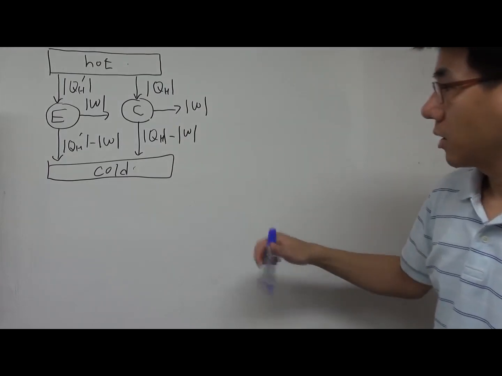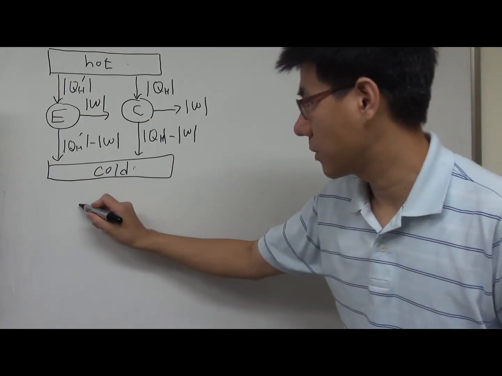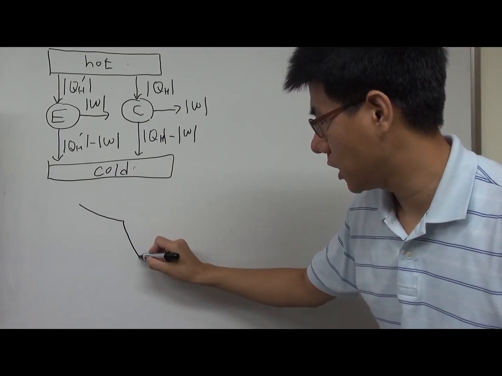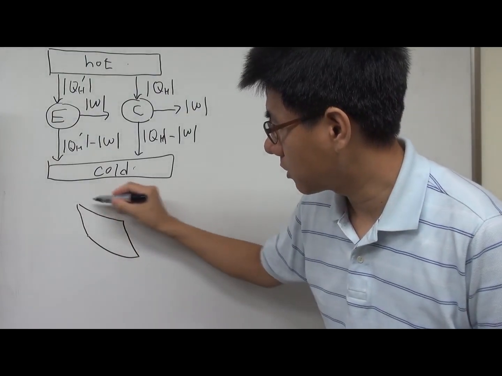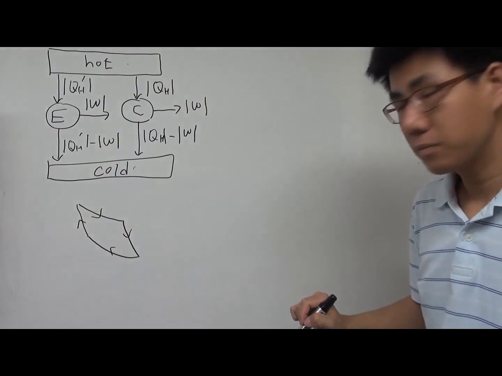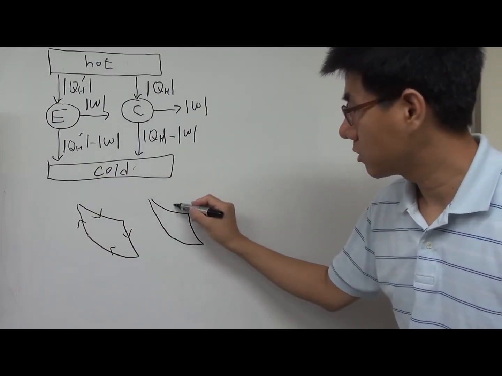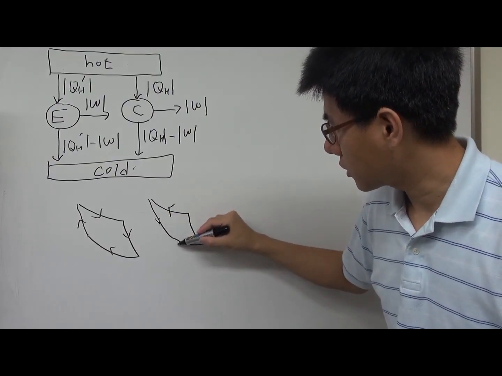The Carnot cycle was something like this, from A to B, B to C, and so on. We run it backwards in this direction.